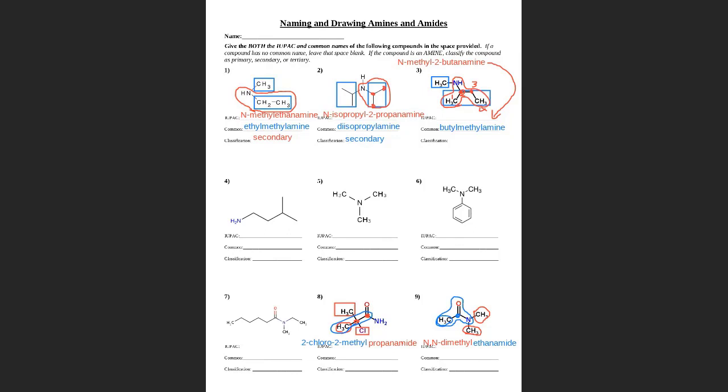And the reactions with amines and amides, I was hoping we'd have time to go over that, but we seem to have run out of time. But I do want to just show you real quick. Reactions of amines and amides.